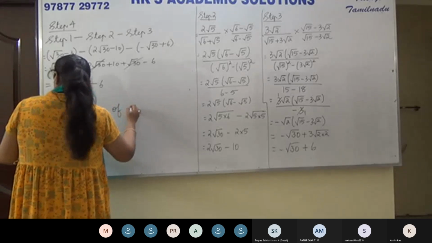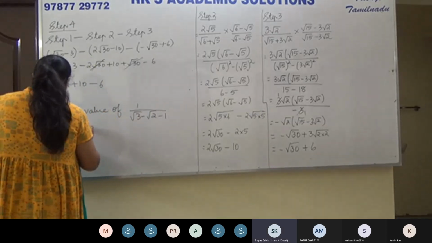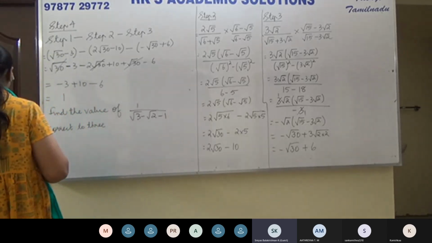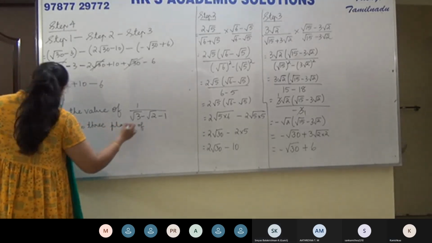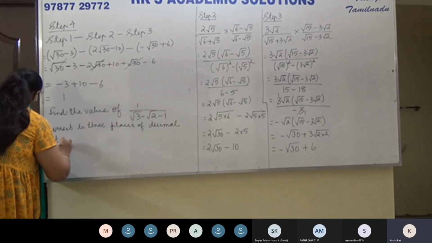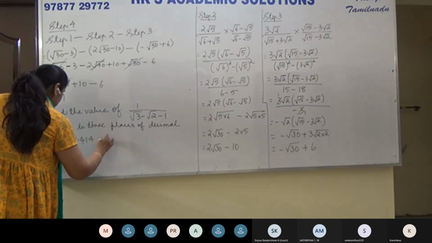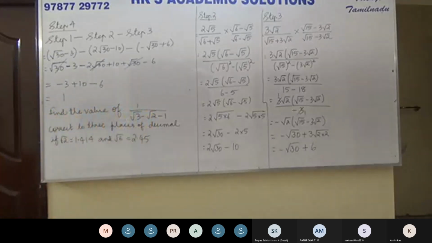Can somebody read this? Find the value of 1 by root 3 minus root 2 minus 1, correct to 3 places of decimal, if root 2 is equal to 1.414 and root 6 is equal to 2.45.